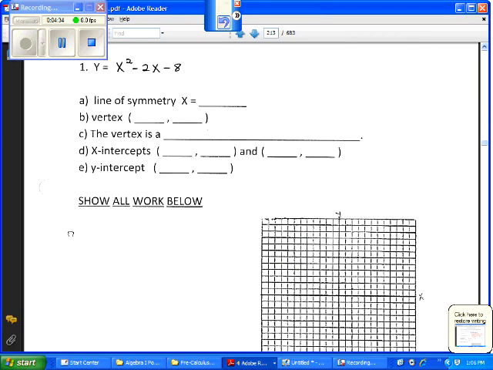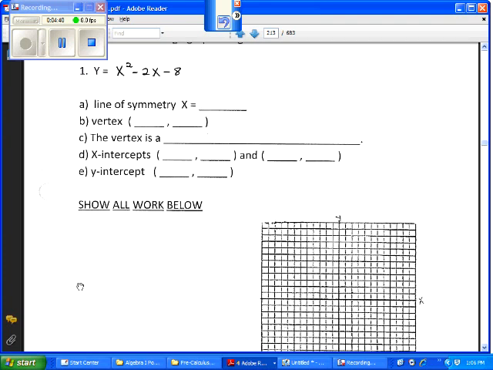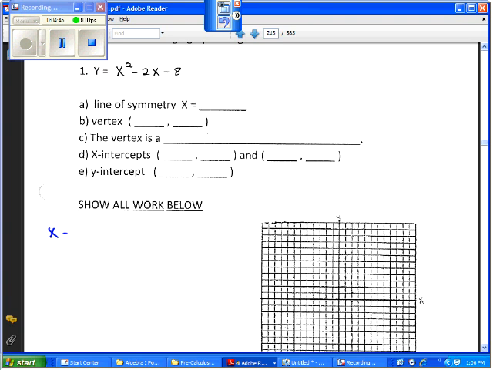Okay, so here we go. We want the line of symmetry. It says show all work below, so we'll show all work below. To find the line of symmetry, we're going to have x is equal to the opposite of b. What's my b value? So we have the opposite of a negative 2 all over 2 times my a value of 1.